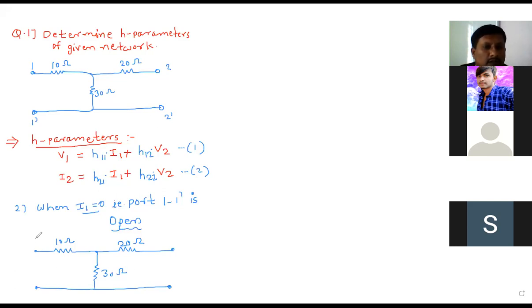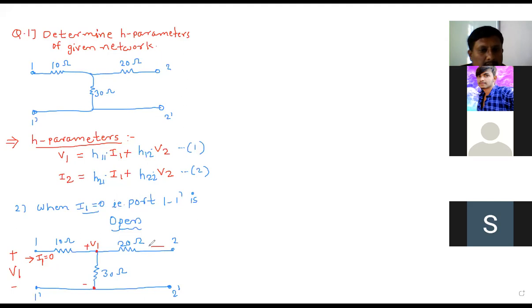Now this is 1 dash, this is 2 dash. So port 1 dash we have to keep open, and mention the variables of the second port and first port. So I1 equal to 0 now, because port 1 is open. I1 equal to 0, but V1 is present. V1 means the voltage across 30. So I will write here V1, this is plus, this is minus, because the voltage across this is how much? 0 volt. So the voltage across 30 is nothing but V1.